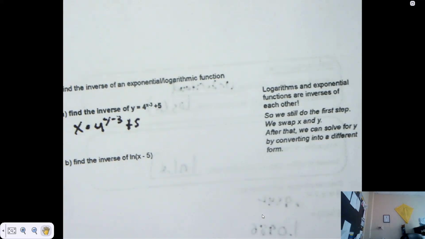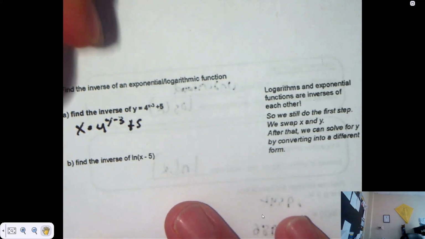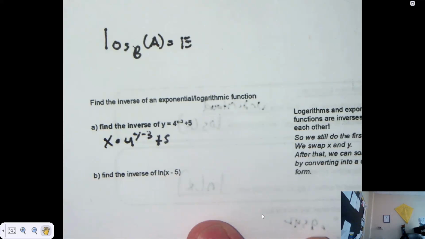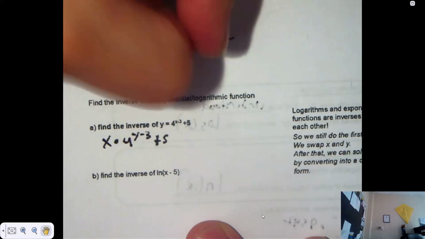Now what we're going to do is convert this. This is what we call an exponential function. We're going to convert it to a logarithm. We're using the idea of log is bay. A logarithm, base b, argument a, equal to some e, has an equivalent inverse in the form b to the e equals a.